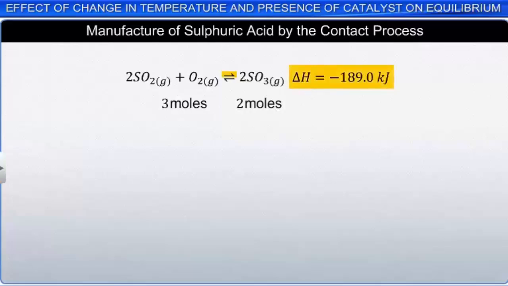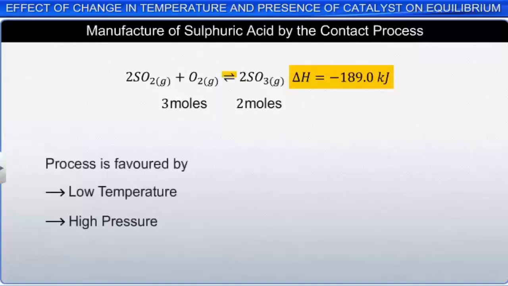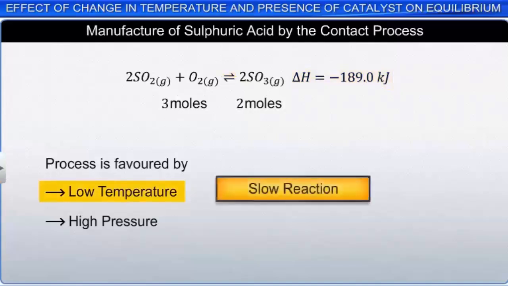Thus, according to Le Chatelier's principle, low temperature and high pressure favors the formation of sulfur trioxide. However, at low temperature, the reaction is very slow, while at high pressure, the tanks used in the synthesis get corroded.